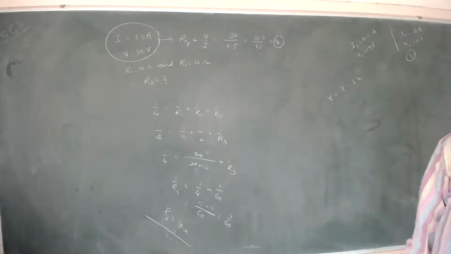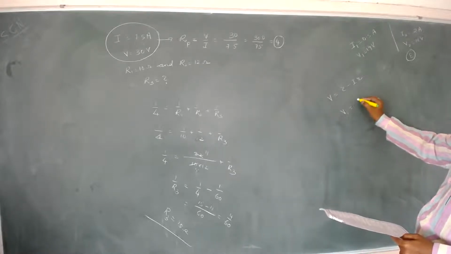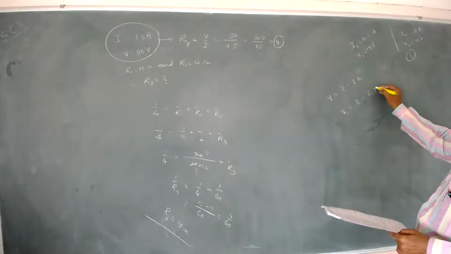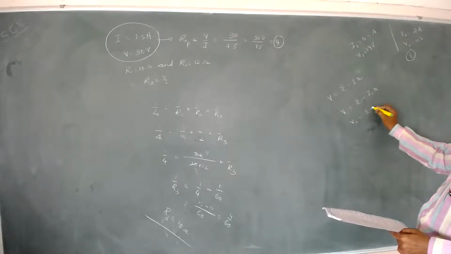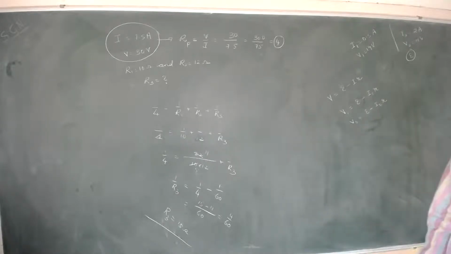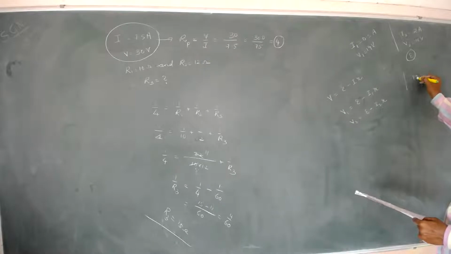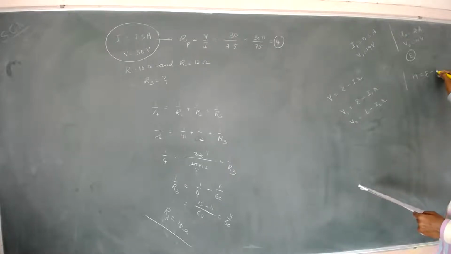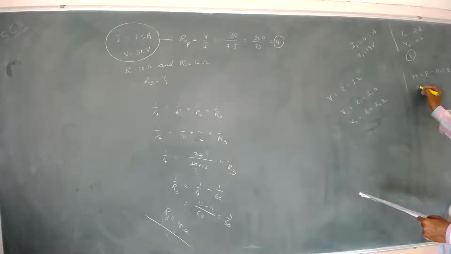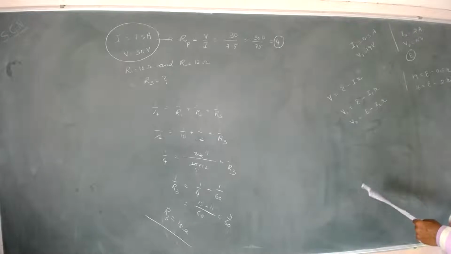Only these two things will change. So V1 is epsilon minus I1 R, and V2 is epsilon minus I2 R. So V1 is 19, electromotive force minus 0.5 into R, and V2 is 16, epsilon minus 2 into R.